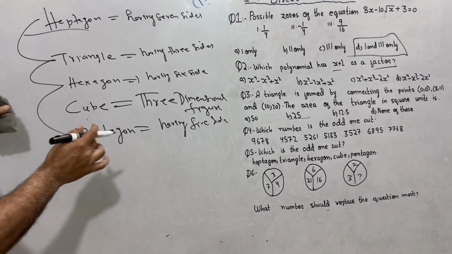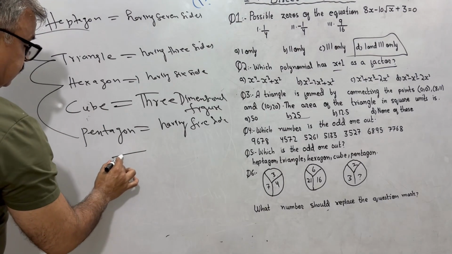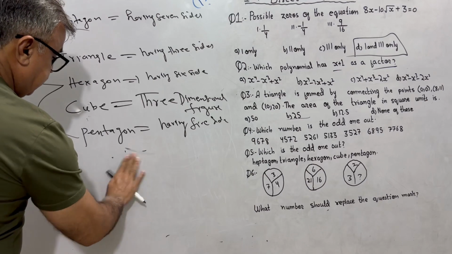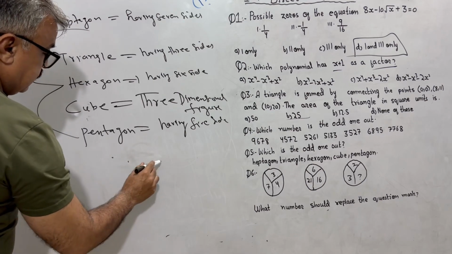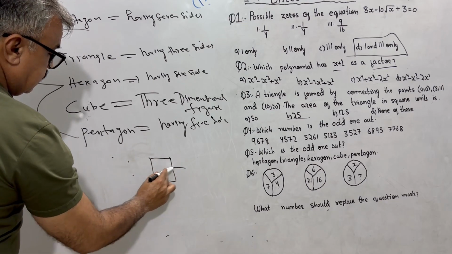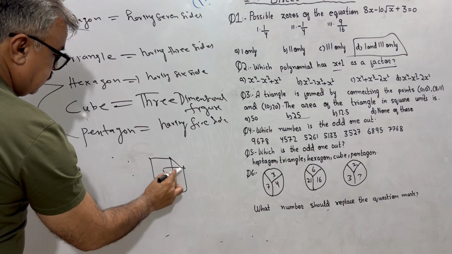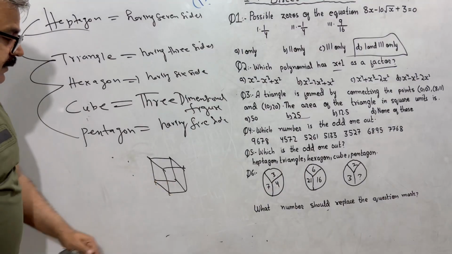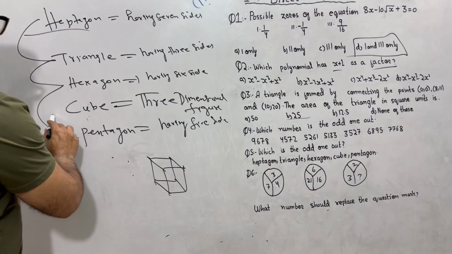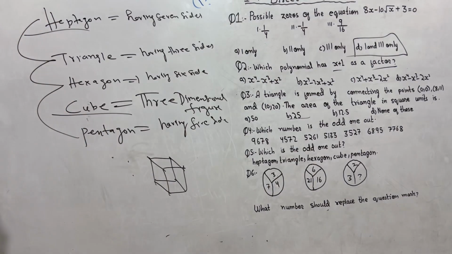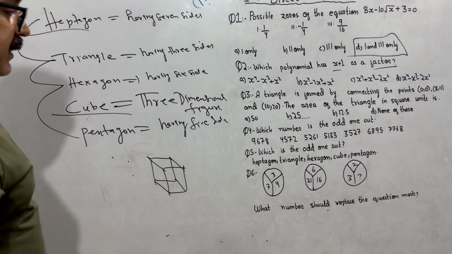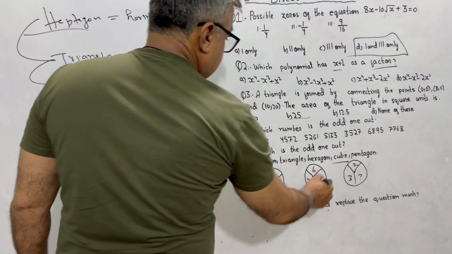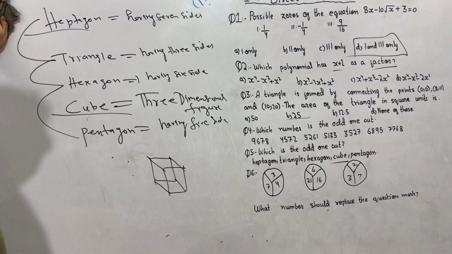Let me draw it for you. It has some volume. So the cube is a three-dimensional figure and is the odd one out in that case.